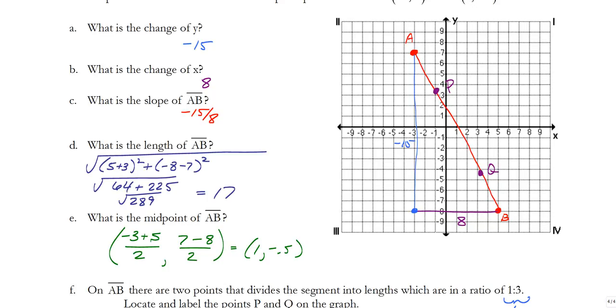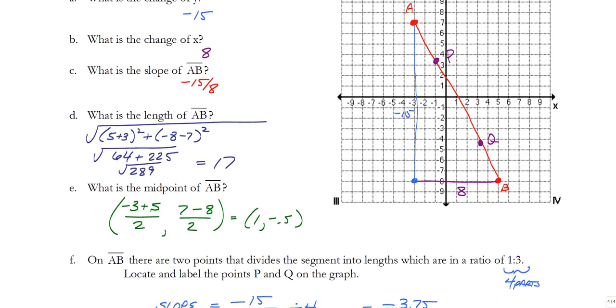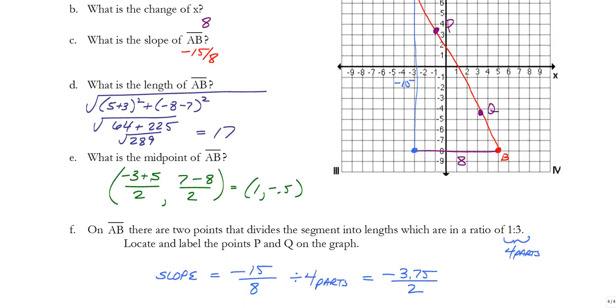And finally, the last part is this whole dividing into a ratio of 1 to 3. Now, this example was given a little bit more challenging because you heard me talk in class a few times about how you can just count the slope. But this one is not possible, because I wanted to offer you another way to do this kind of question.